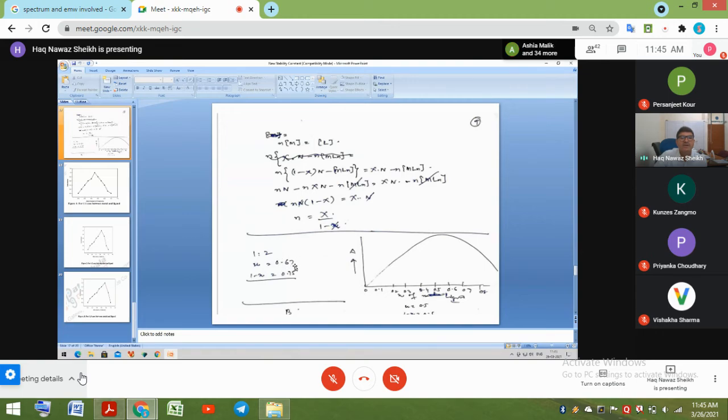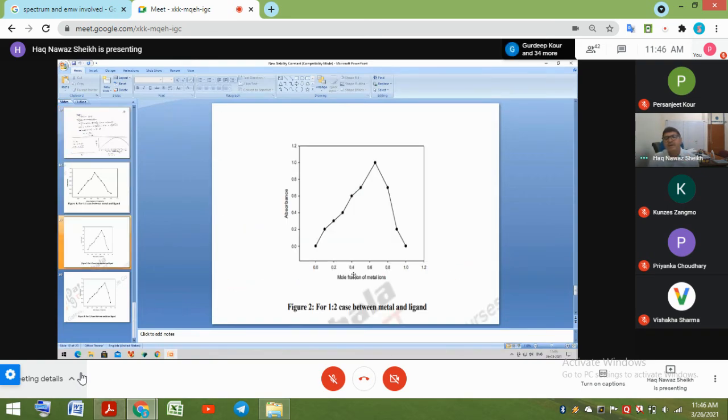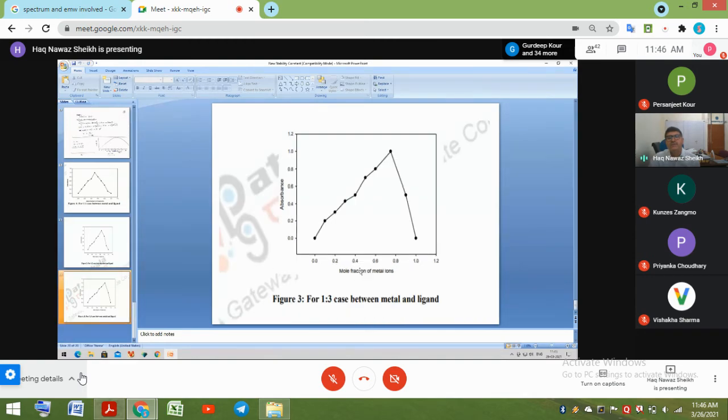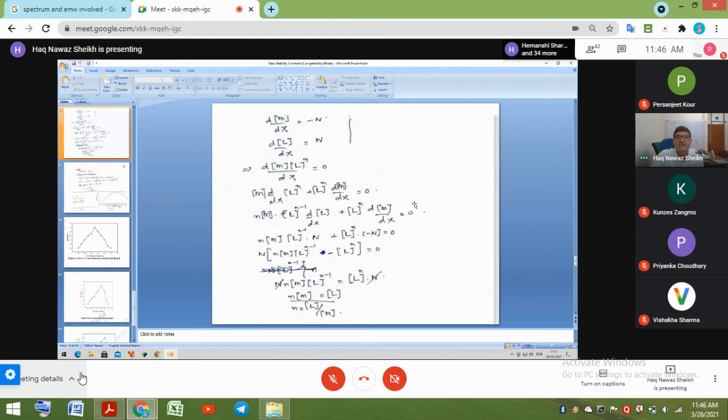The mole fraction of the ligand is 0.67, and the mole fraction of the metal is 0.333. And in the case of 1:3, the mole fraction of the ligand is 0.75, right? So this is 1:2, and then 1:3 with 0.75. Or the concentration of the ligand is 0.75, and the metal is 0.25 of the concentration. So in this way, you can find out the equilibrium constant.